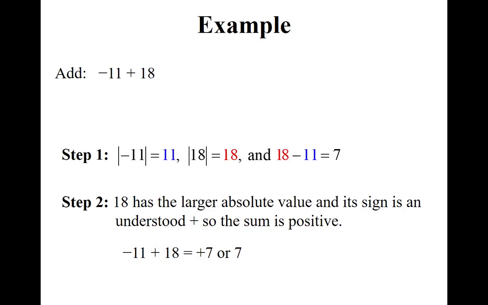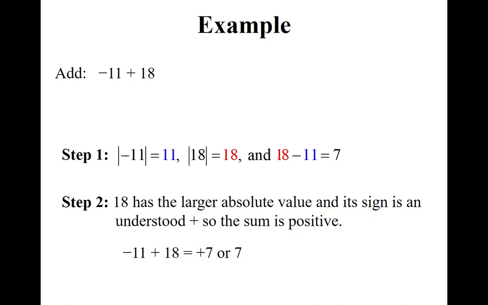-11 plus 18. One of these numbers we're adding is negative, the other is positive. Take the absolute values. The absolute value of -11 is +11. The absolute value of +18 is +18. Subtract those in the order that keeps things positive. That's 18 minus 11. That gives us 7.